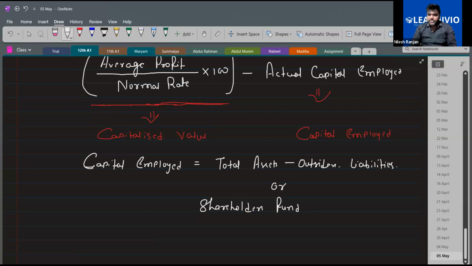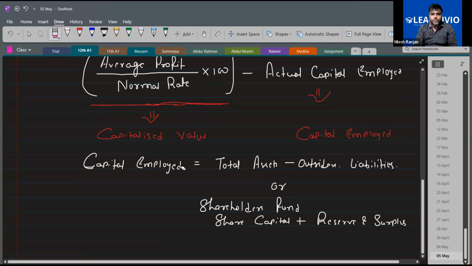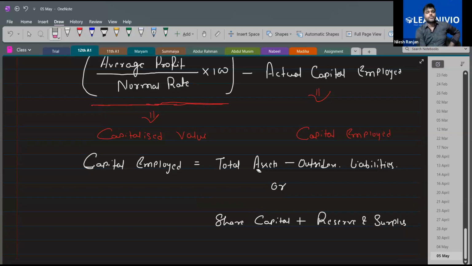Total assets minus outsiders' liabilities, or shareholders fund, like share capital plus reserve and surplus. So there is the asset side approach, where you can use total assets minus outsiders' liabilities, and then there is the liability side approach, where share capital and reserve and surplus is taken.